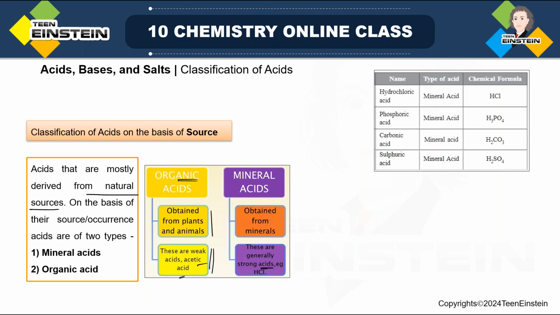So here we have four examples you can see. All are examples of mineral acid. HCl, very good example. Then we have H3PO4. H3PO4, I am writing the full structure. This is H3PO4. Then we have carbonic acid. Now H2CO3, H3PO4, these two are not so strong. They are basically weak.